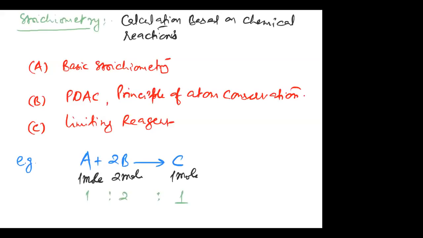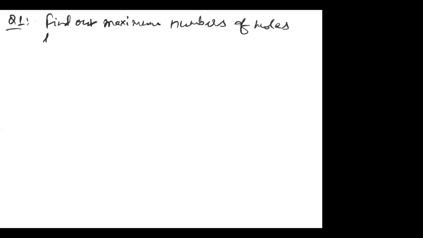We'll do questions directly based on this simple stoichiometry. Question number 1 is: find out the maximum number of moles of D produced from 10 moles of A. D may be another product.